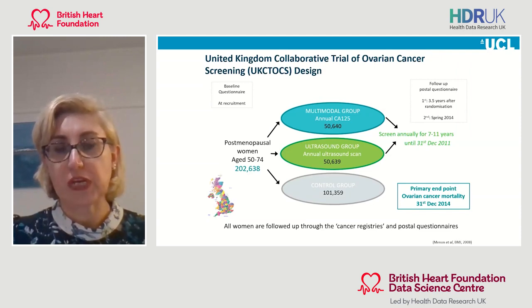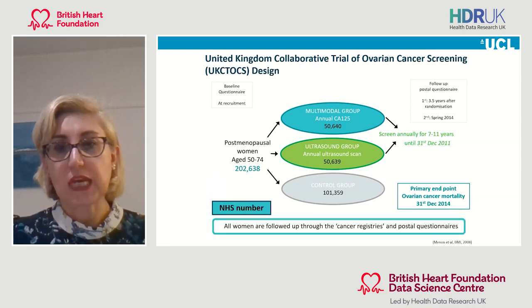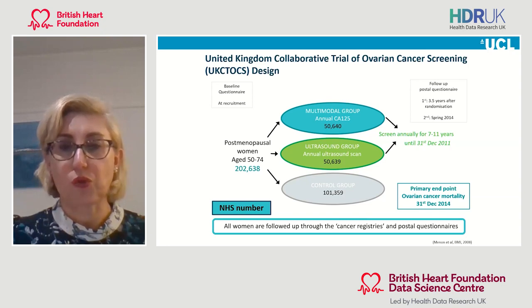So the women underwent screening for 7 to 11 years until the end of 2011, and the primary outcome was ovarian cancer mortality. But what was key to UKCTOCS was that NHS number was available for each woman when she was recruited and randomized to the trial. And that allowed all the women in the cohort to be linked through the cancer and death registers. All but 8 women were able to be flagged throughout this.